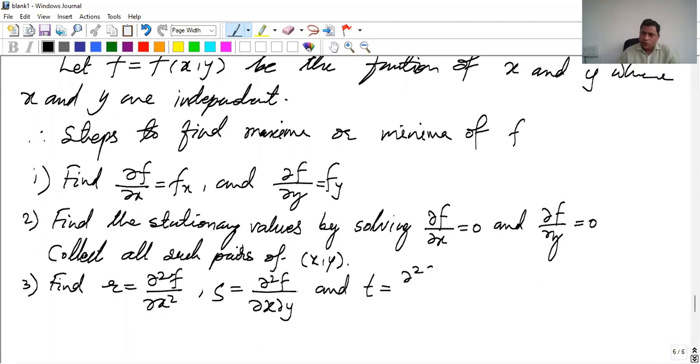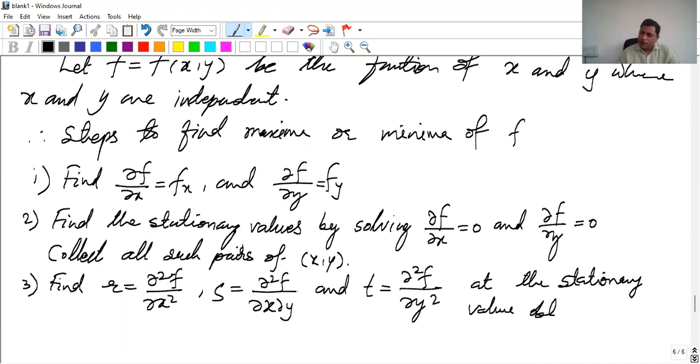Here we change the notation slightly. And t is equal to double square f by double y square, at the stationary value obtained in the previous step.